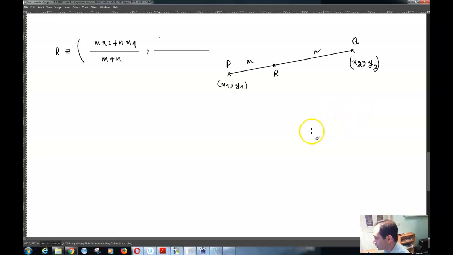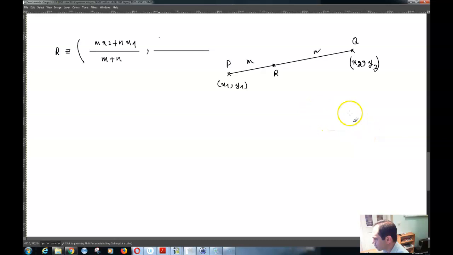Triangle BDE is this triangle over here, and DEC is this triangle over here.